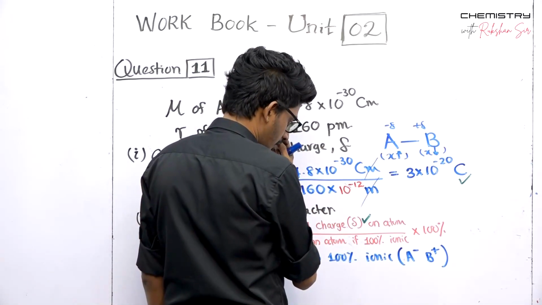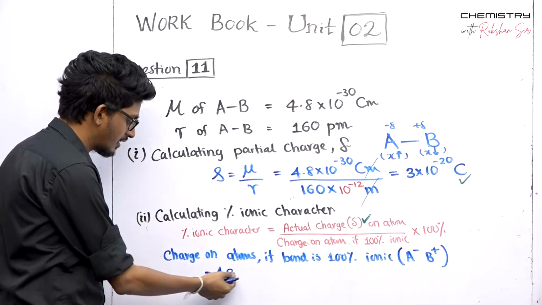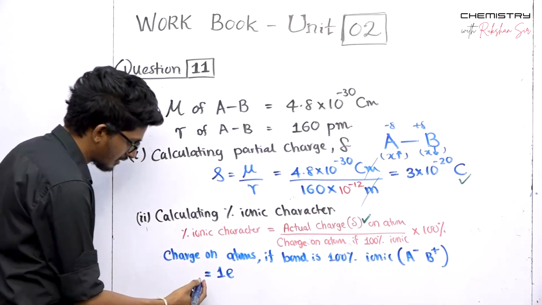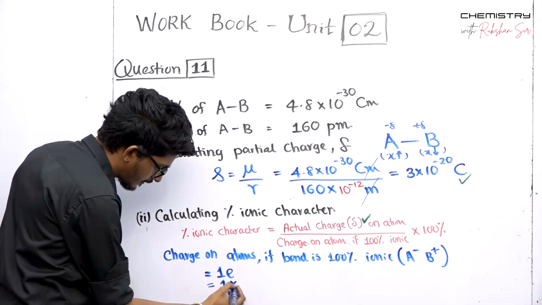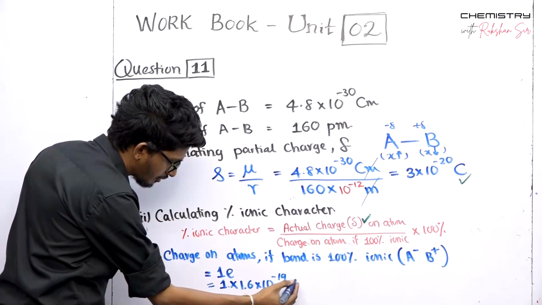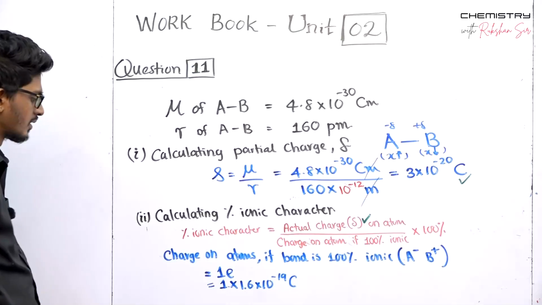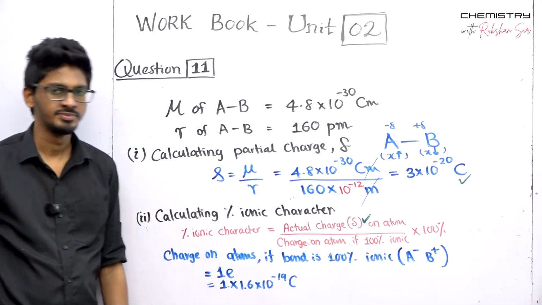The simplest charge unit is electron, E. So it says 1 into 1.6 into 10 to the power minus 19 coulombs. That is the charge on atoms if bond is 100% ionic, right?